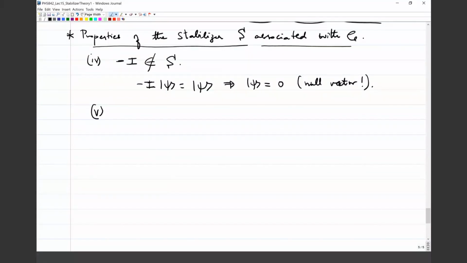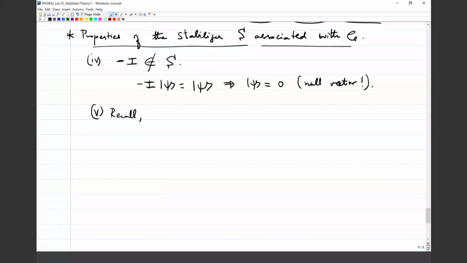And the last thing that I want to note is the size of the stabilizer. So remember this generator property, right? Let me just quickly recall the idea of generator and then talk about the size of the stabilizer.